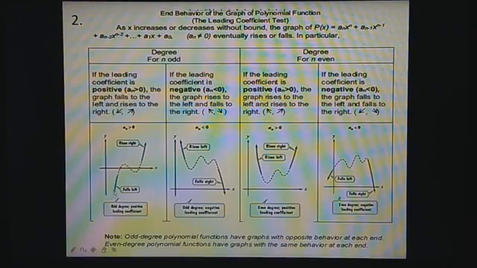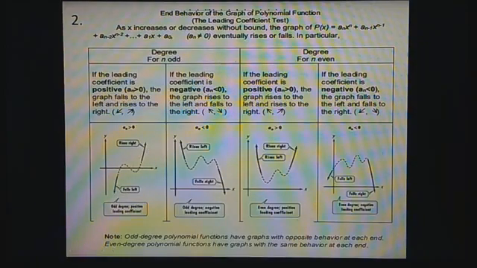Nag-fall sa left, rises to the right. Ulitin ko ha. Kung ang degree ng polynomial function natin ay odd number, then ang ating leading coefficient ay positive, ang left behavior mo ay falling, and then ang right mo ay rises.